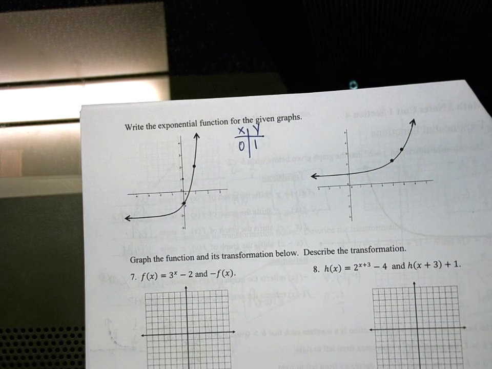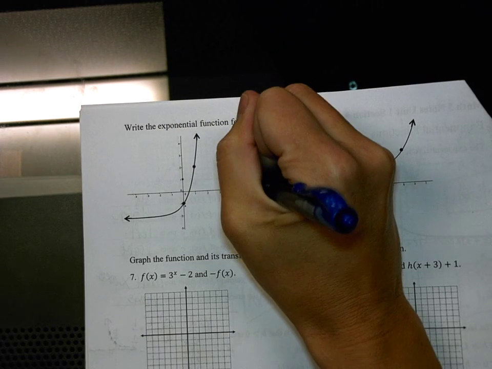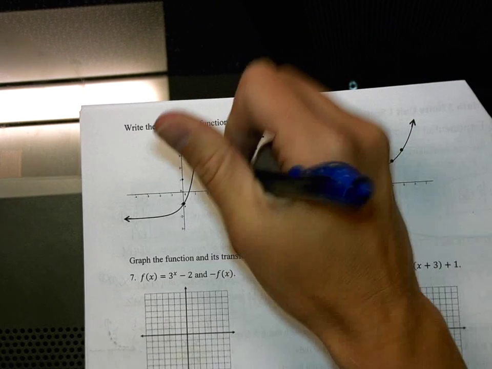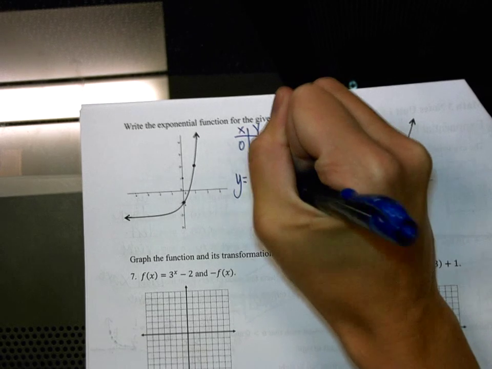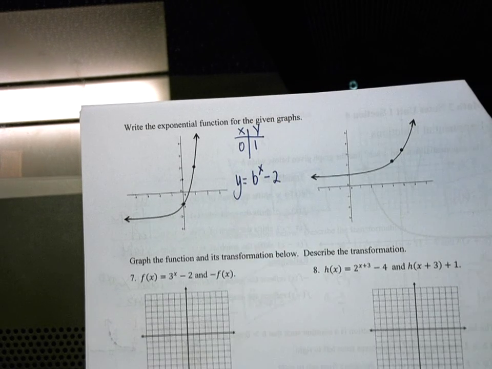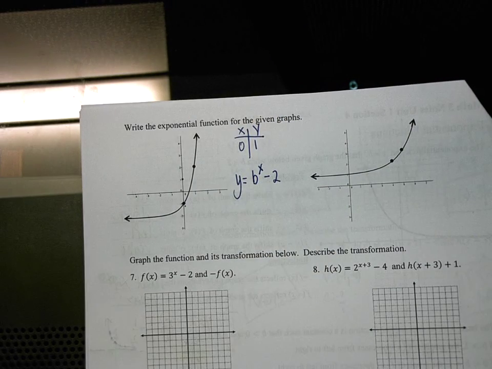So I know for sure if I were writing this, I'm going to put y equals some number, b to the x, and we know we're going to have to subtract 2. Okay, so far so good? And again, if you think of a different way, please share, okay?